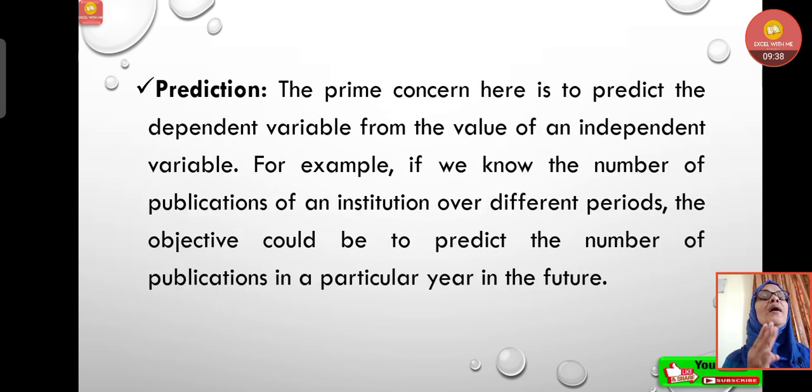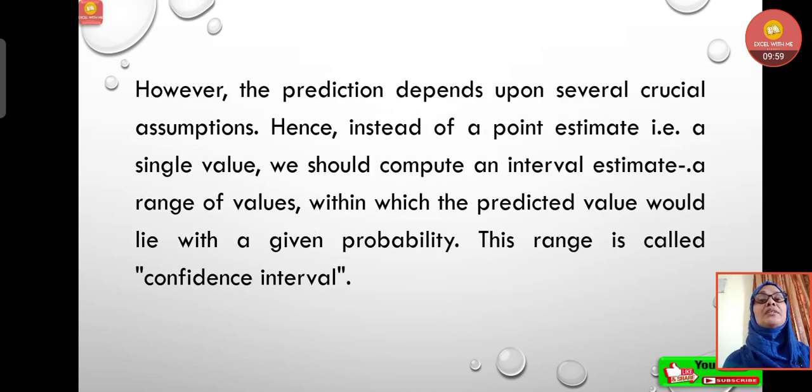The third one is prediction. The prime concern here is to predict the dependent variable from the value of an independent variable. For example, if we know the number of publications of an institution over different periods, the objective could be to predict the number of publications in a particular year in the future. That is the prediction.